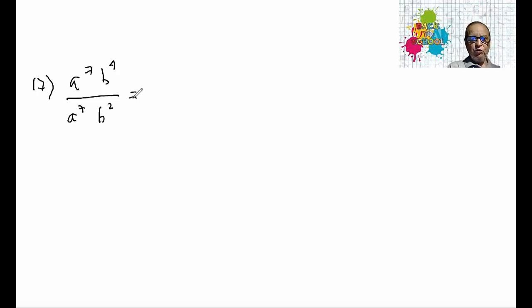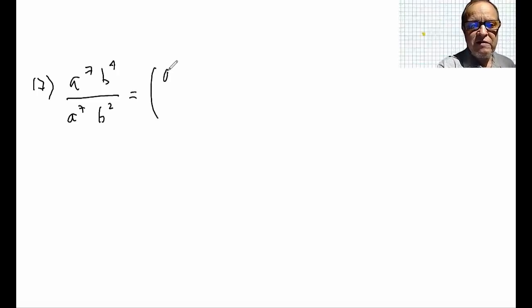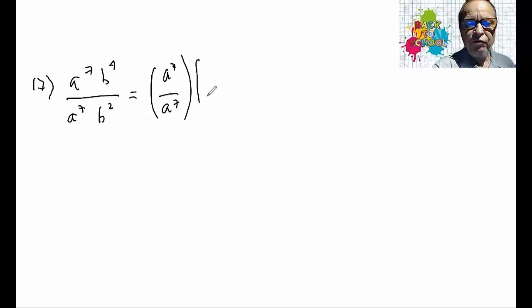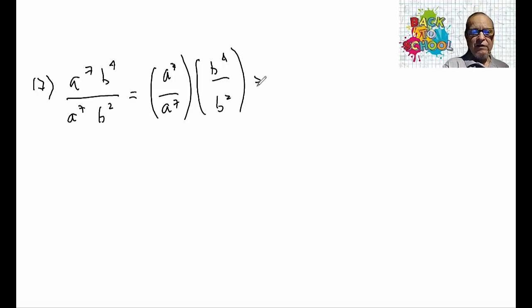As usual, I'll put my a's in one bracket, a to the 7th over a to the 7th, and I'll put my b's in another bracket, b to the 4th over b squared. Then I will use my quotient rule.